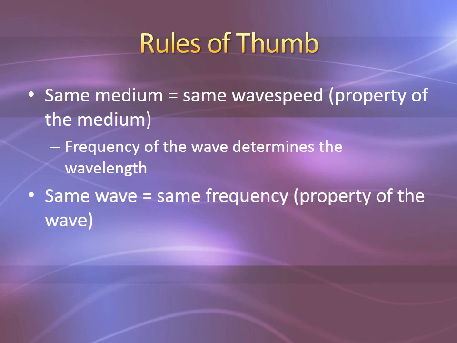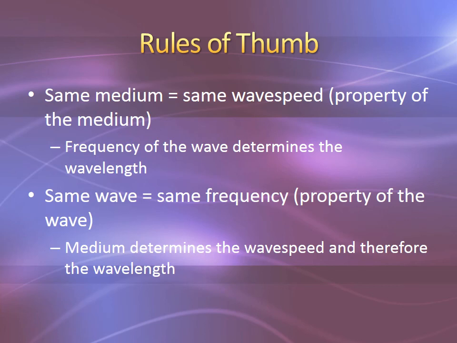And if I have the same wave and I change mediums, I will have the same frequency. That's a property of the wave. The medium is what determines the wave speed, all right? And then based off of our wave equation that we got yesterday, that will actually determine the wavelength of that particular wave in that medium.